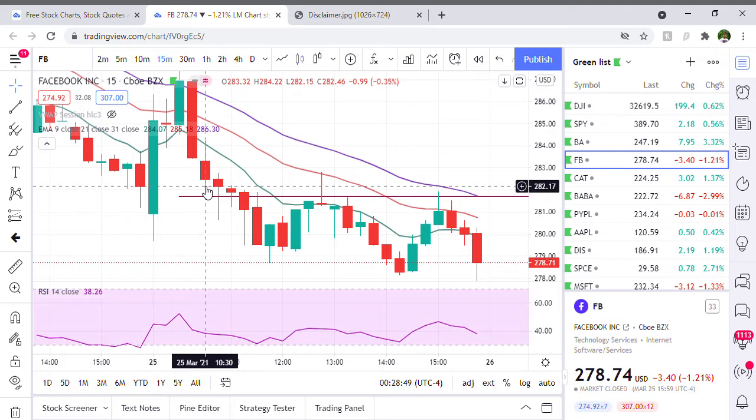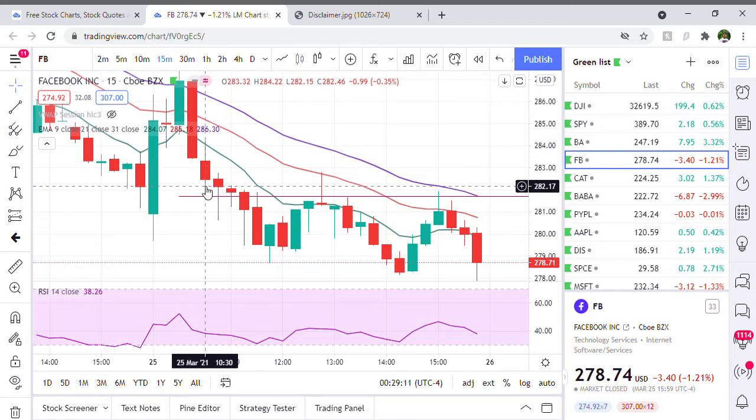The stock will resist breaking the level. The stock will resist for some time to break below 282. If you have observed the movement of the stock, it will not easily break 282. So we should wait for the stock to break below 282.